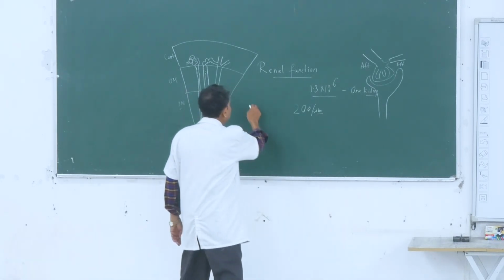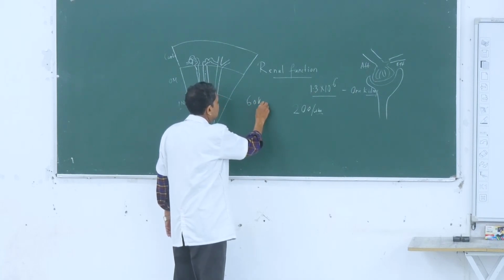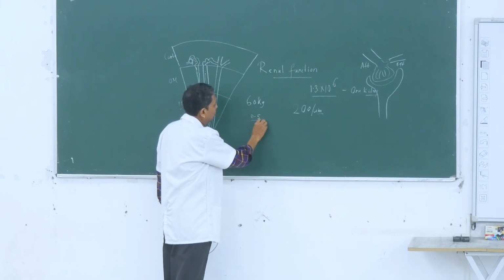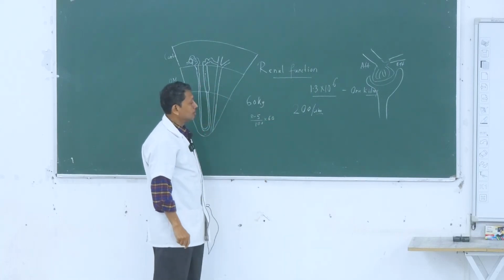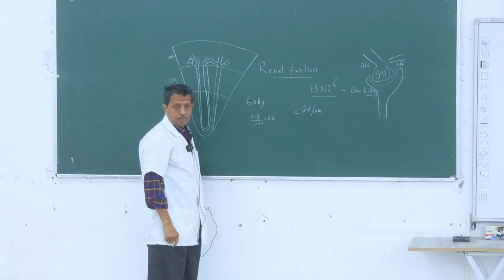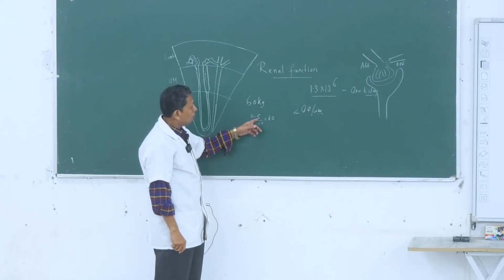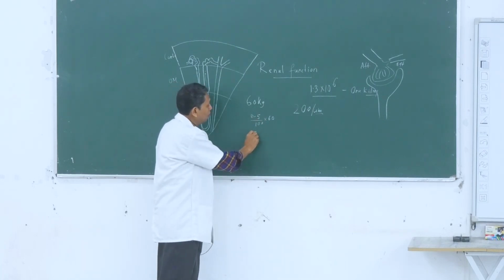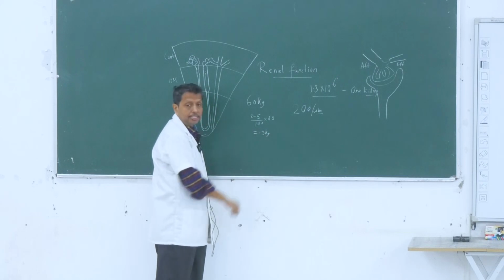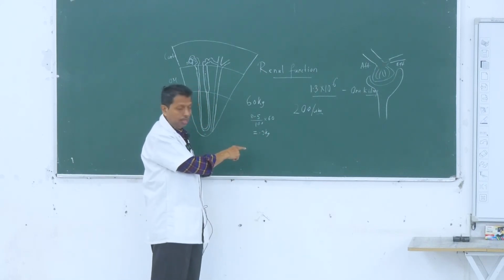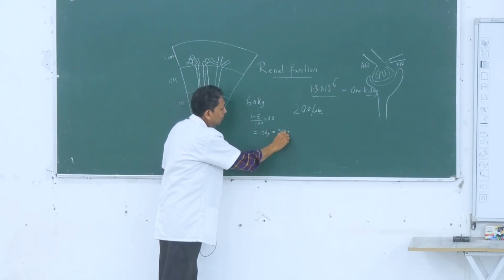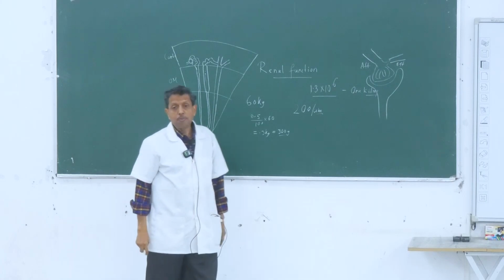If the individual is 60 kg, it is 0.5 divided by 100 into 60. তাহলে কত হবে এটা? 0.5%, এটা হচ্ছে 0.3 কেজি, তাই তো? হ্যাঁ, তার মানে হচ্ছে 300 গ্রাম. Average kidney is 150 gram or so.